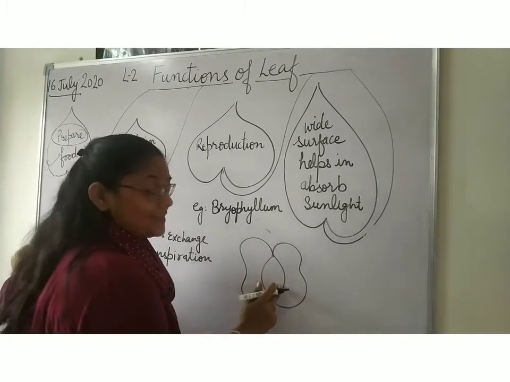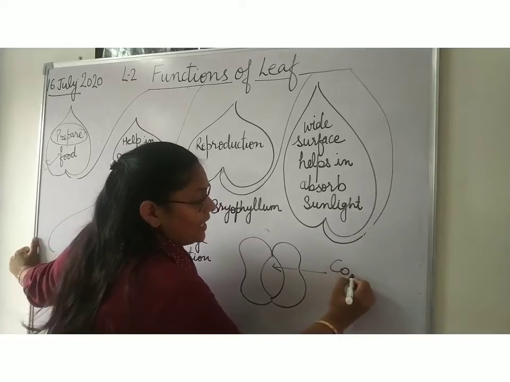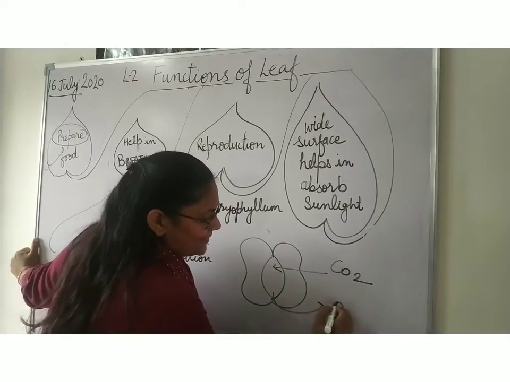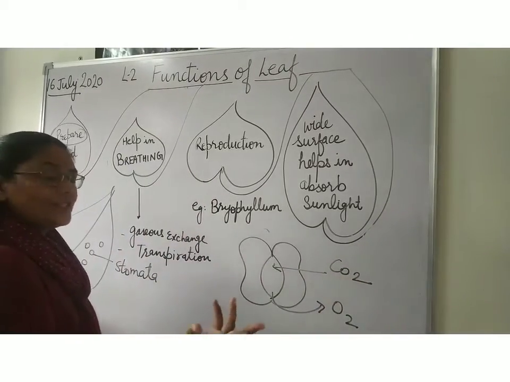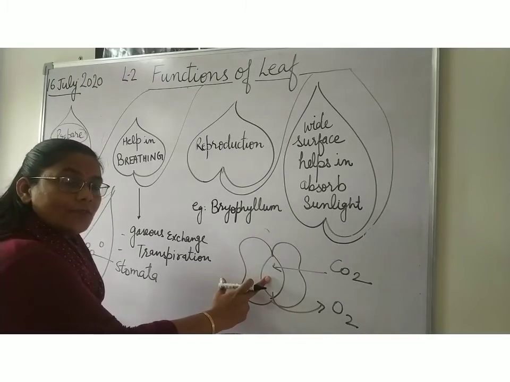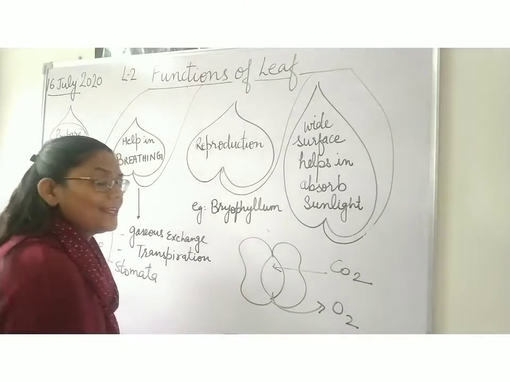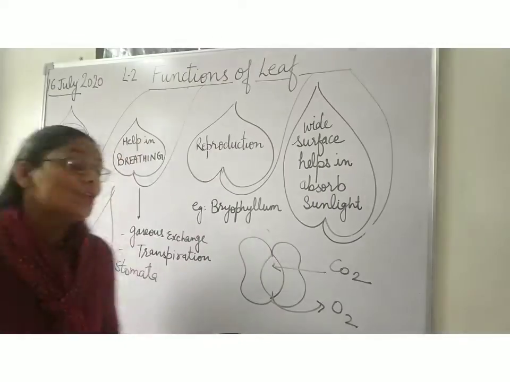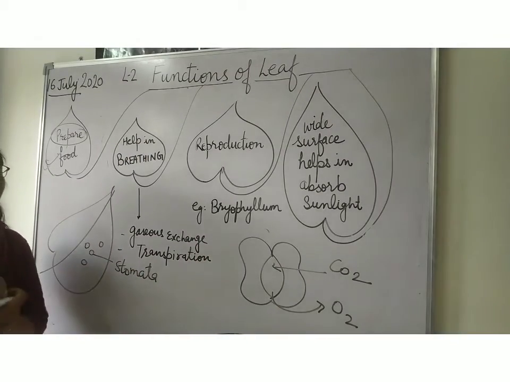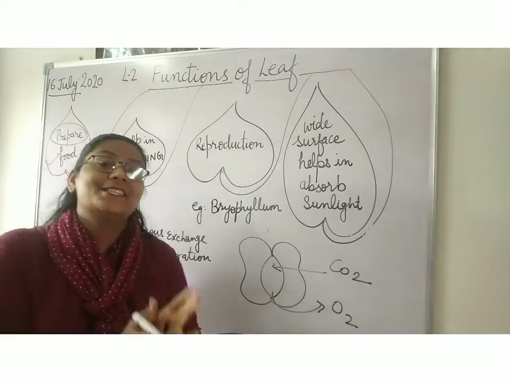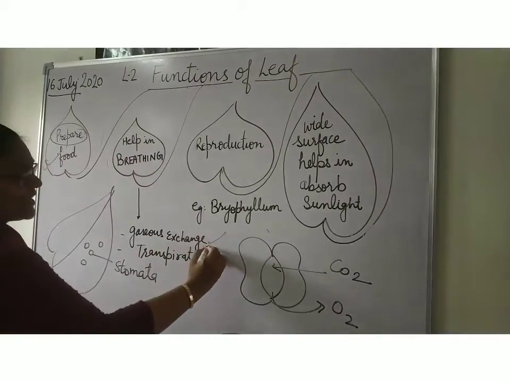So what does it do? It helps in exchange of gases. During photosynthesis, because of these stomata, it takes in carbon dioxide and releases oxygen gas. So this helps the plant in photosynthesis and in exchange of gases.